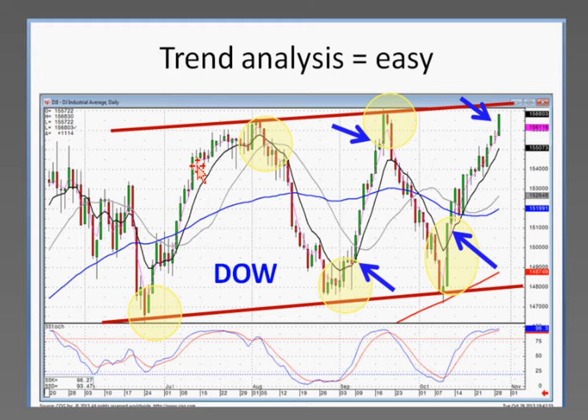So we can see that the trend analysis on any market index is easy based upon candlestick signals and our simple criteria of using stochastics and using everything else that helps us analyze what the market trend is doing at the time.